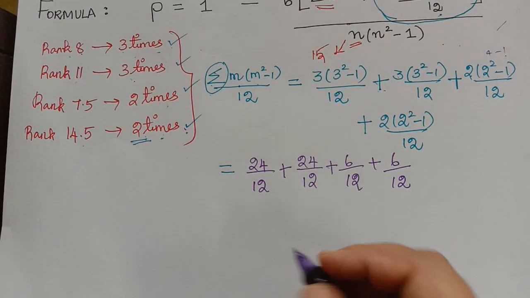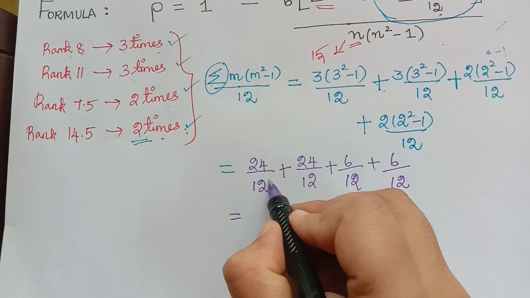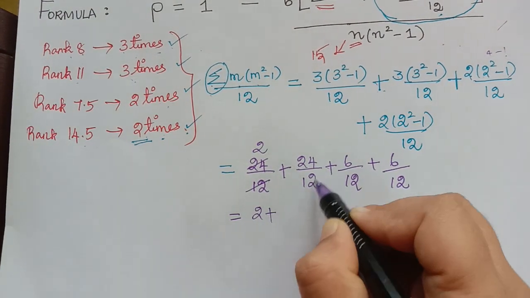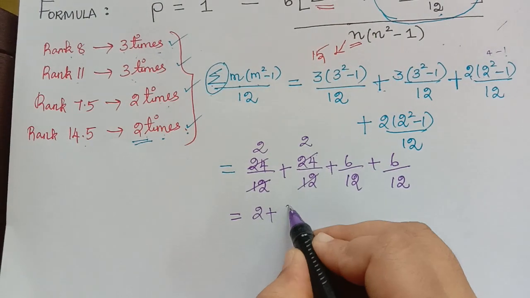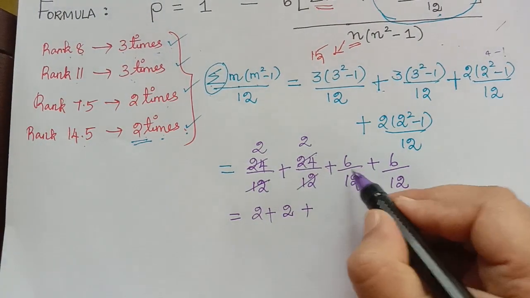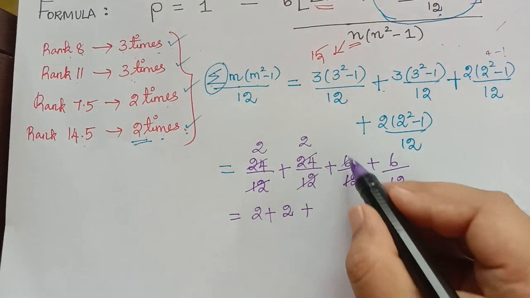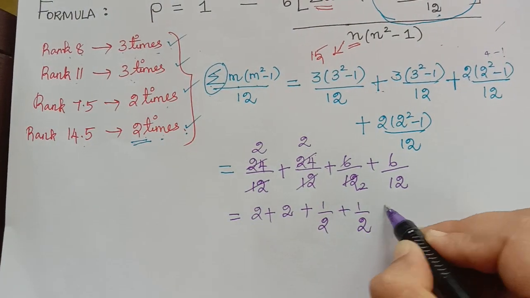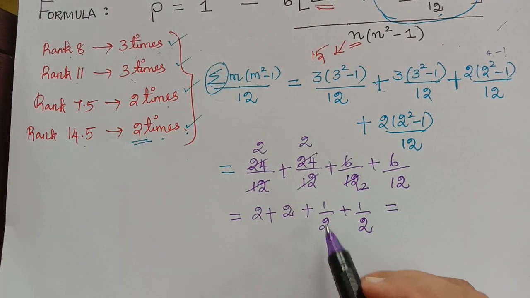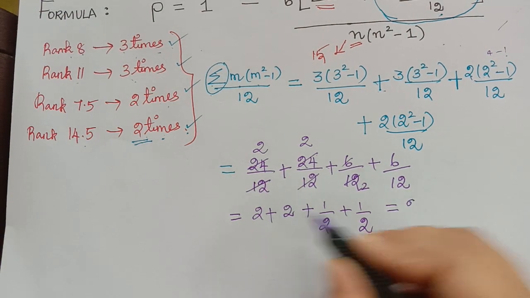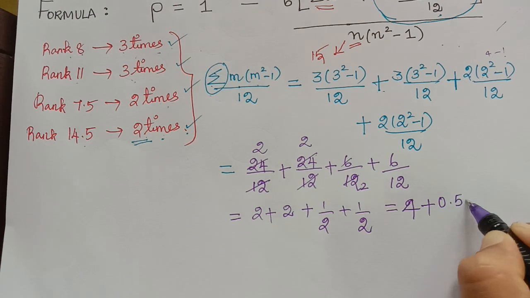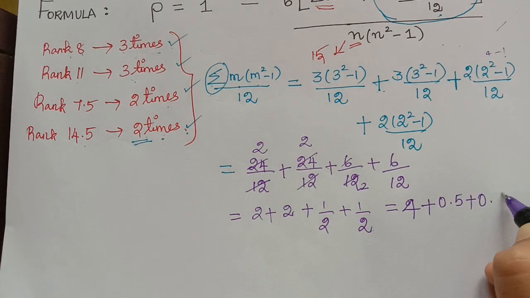And so that is equal to, this is 12, we can cancel it. So 2 plus, this also gets cancelled. So 2 plus, and this gets cancelled, and this is 2. So 1 by 2 plus 1 by 2. If you simplify this, 2 plus 2 is 4, plus this 1 by 2 is 0.5, plus this 1 by 2 is again 0.5.